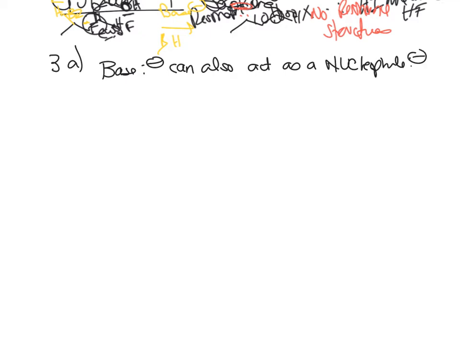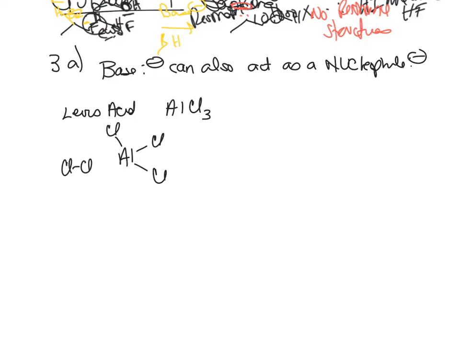A Lewis acid, so a Lewis acid, and where you saw Lewis acid is like aluminum trichloride, and you remember the chloride here, and it basically accepted a pair of electrons here to make this a strong electrophile.